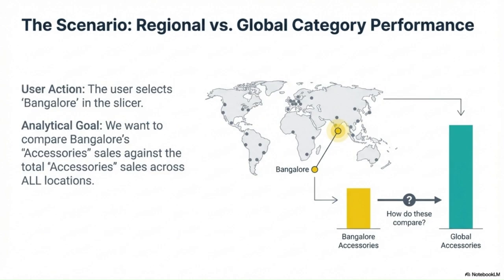When a user selects Bangalore, normal sales is Bangalore only, but ALLEXCEPT sales will also give a global category total as well. This allows comparisons like how Bangalore is performing compared to global category sales. Real business insights.